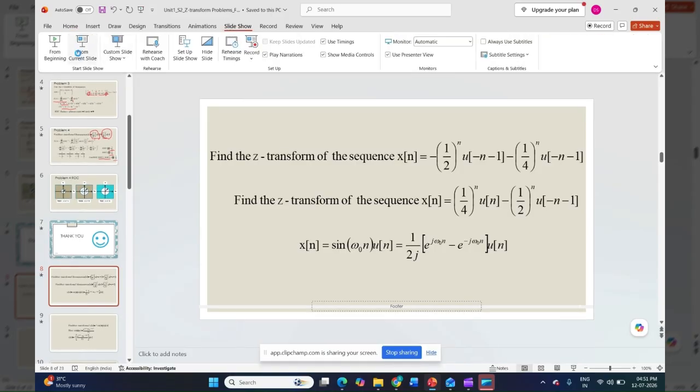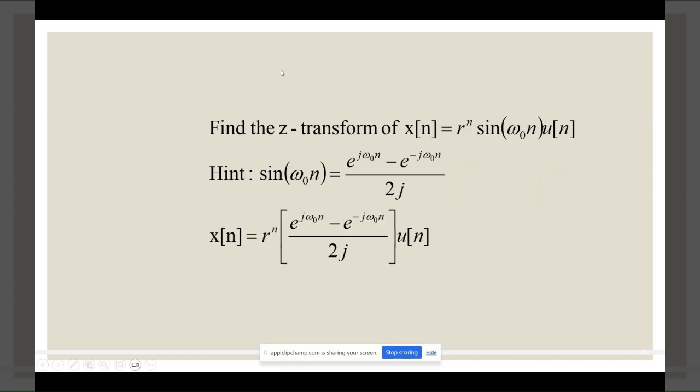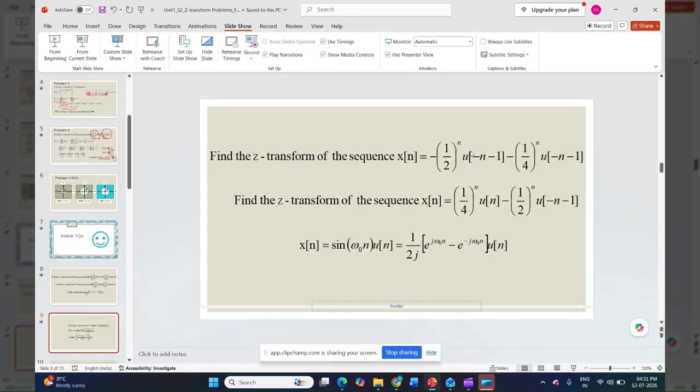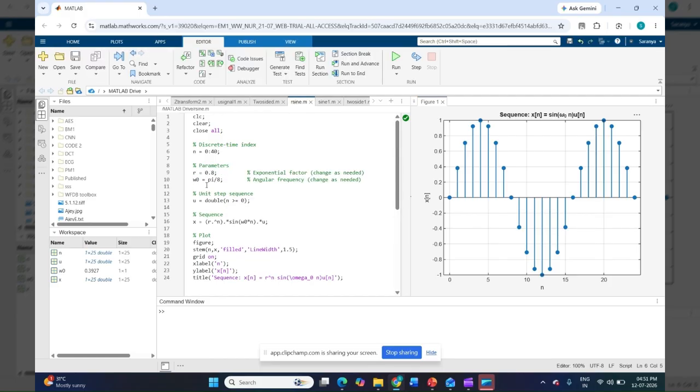Now going on to the next one. Can you see r power n sine omega naught n? This is something different: sine omega naught n is multiplied by r power n. Can anyone imagine how the sequence will be? Let us see. The same sine signal which is divided by 8 is multiplied by r power n.